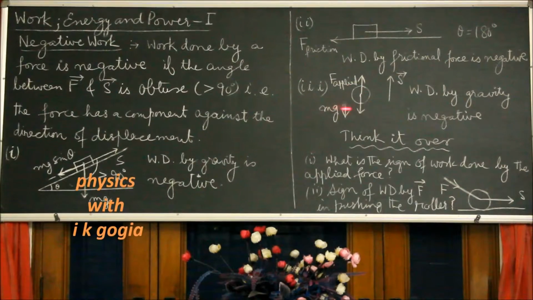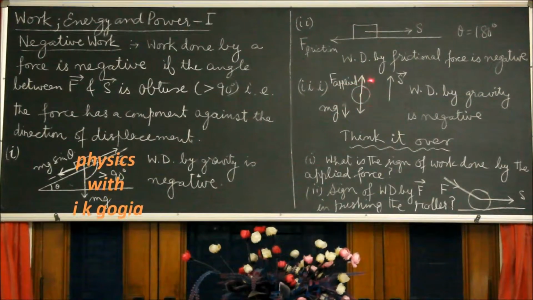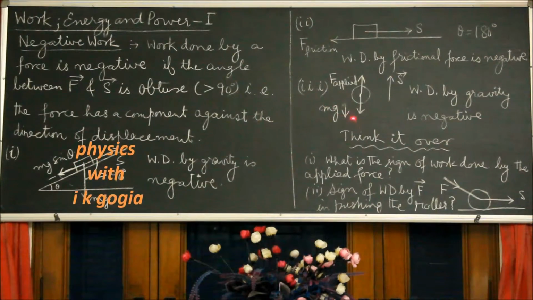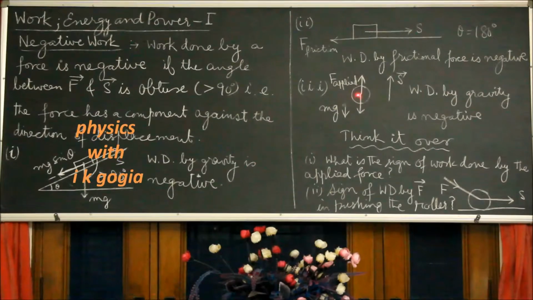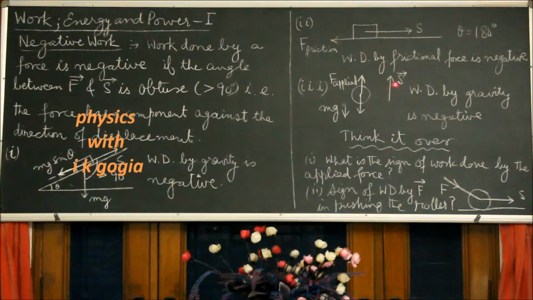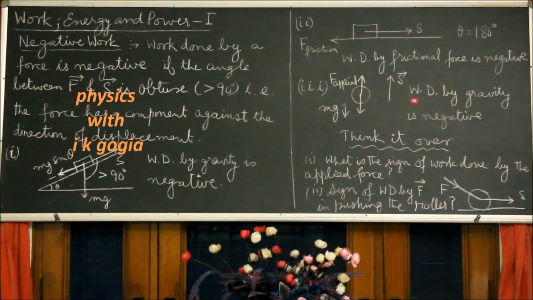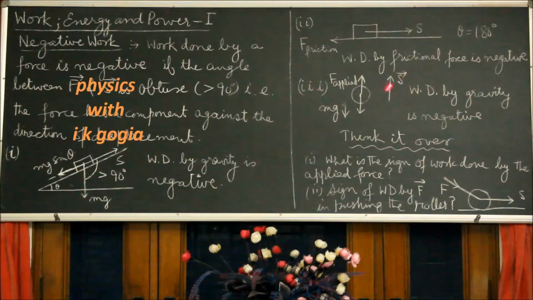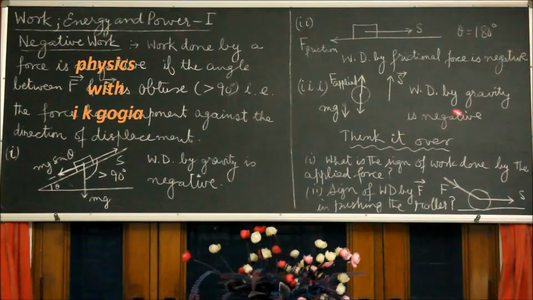Another example we can take: here we have a body being moved upward against the force of gravity. The force of gravity acts downward and the body is displaced upward. Here the angle between the displacement vector and the force of gravity is 180 degrees.